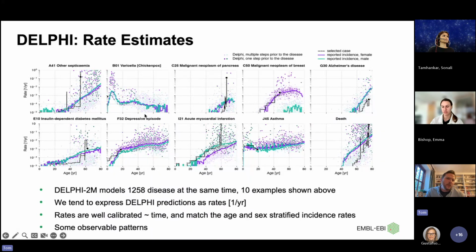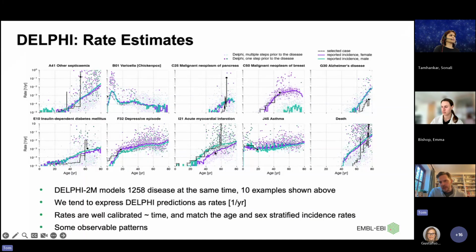And you can see characteristic sex effects, like for breast cancer here, and maybe another one to highlight is depression, which is low earlier in life, rises in risk towards the late teenage years, and then remains relatively stable across time.